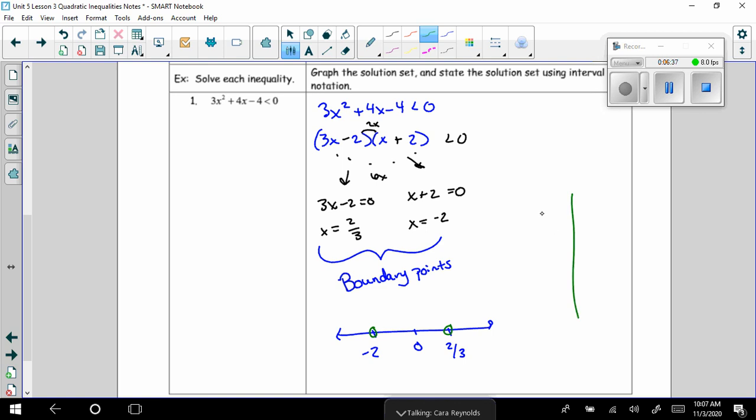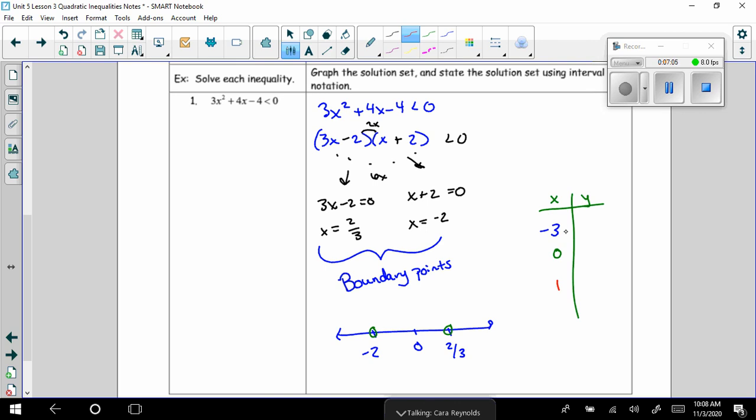And so essentially you're making a table. You pick a point in the middle. I'm just going to pick 0 because it's easiest to plug in. And then maybe I'll pick negative 3 that's on the left side, and let's color code these. And then let's do, I don't know, even just something like 1 would be on the right of that boundary point right there.